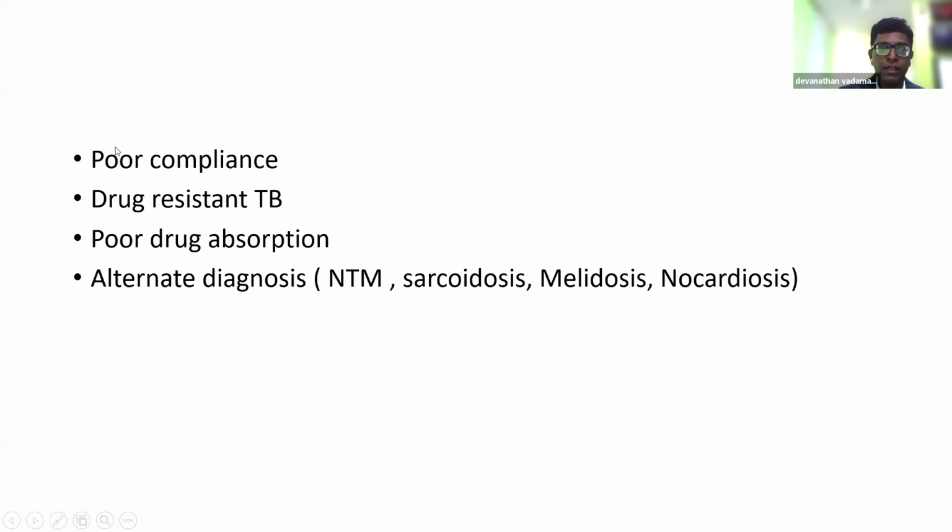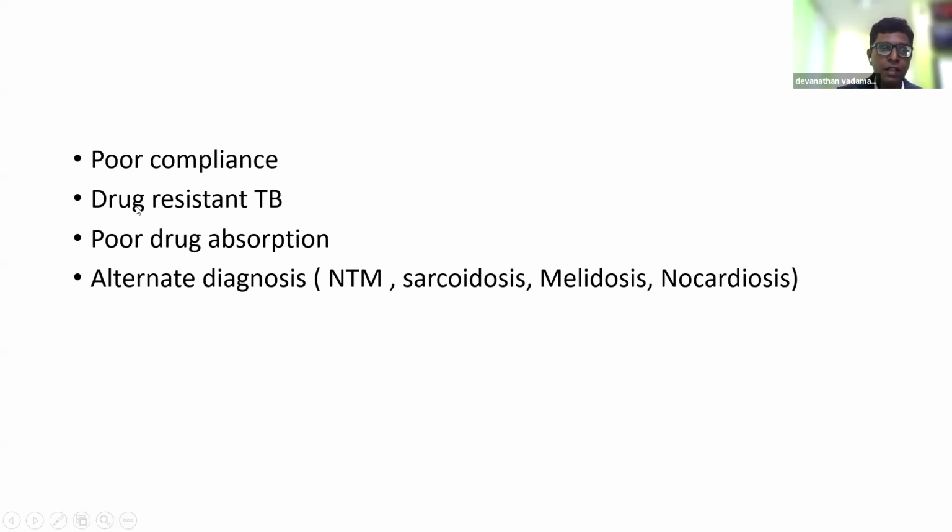One is poor compliance. In India, a lot of patients don't take the treatment for 6 months. So in spite of adequate counseling and all, if the patient misses the drugs, the patient will not respond and not get adequately treated. So with poor compliance, it can be drug resistant TB. So you are giving a drug sensitive regimen, but the patient can have drug resistant TB, either MDR or isoniazid resistant TB.